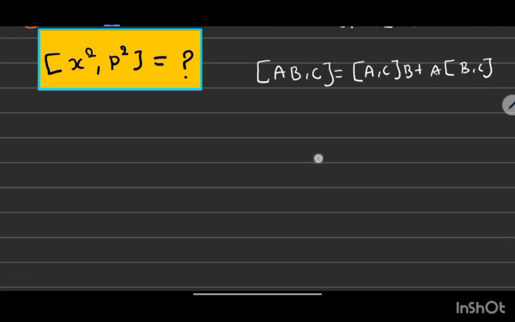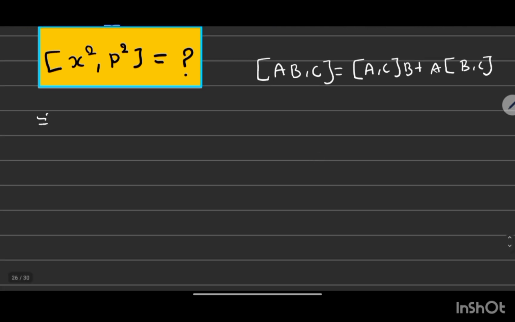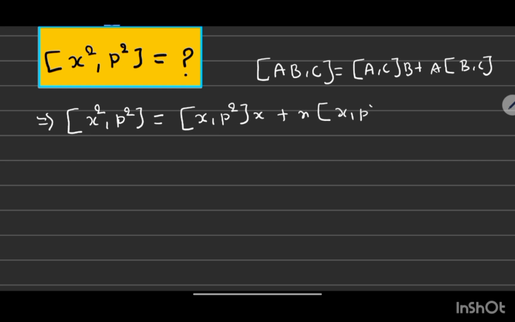Using this distributivity property, I am going to write the given operator x squared comma p squared as x times [x, p squared] plus [x, p squared] times x.